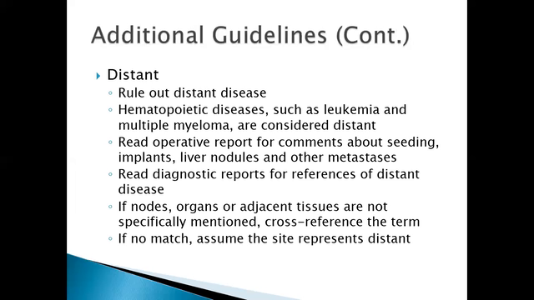If nodes, organs, or adjacent tissues are not specifically mentioned in the description of the various categories, attempt to cross-reference the term you have with those outlined, okay? If there is no match, assume the site in question does represent the distant disease.